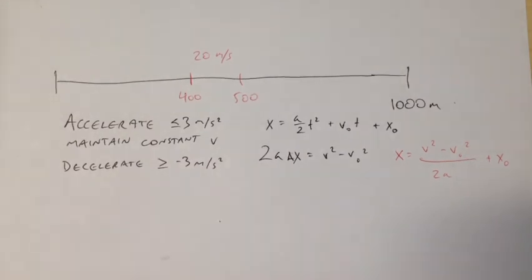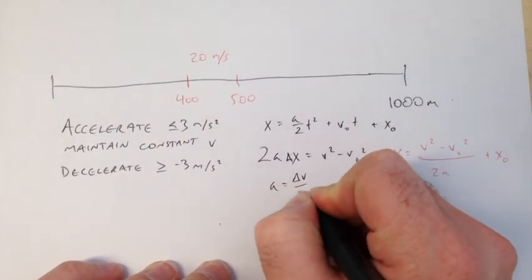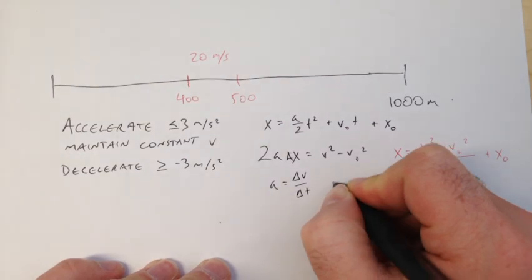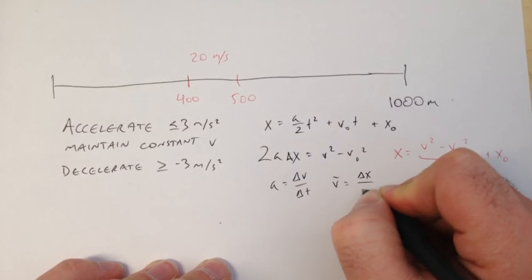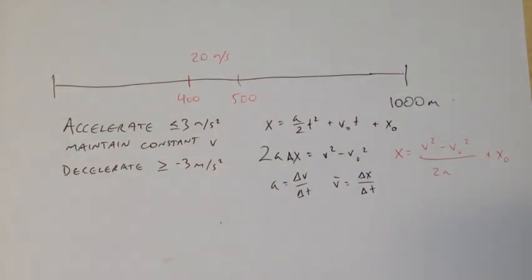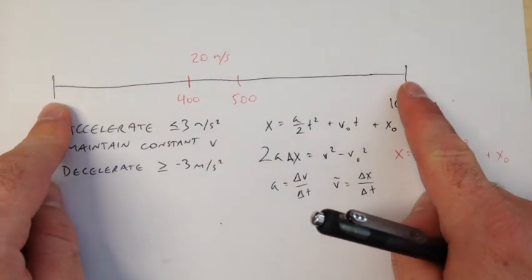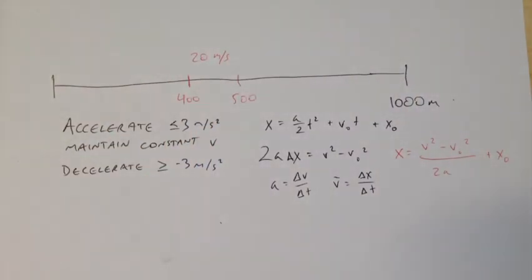Those are the same equation, just solved differently. And then also, a is delta v over delta t, of course, and average v is delta x over delta t. So these are all the equations that we'll be using in order to try and make this trip in as short a time as possible without exceeding 20 meters per second in that little speed trap.